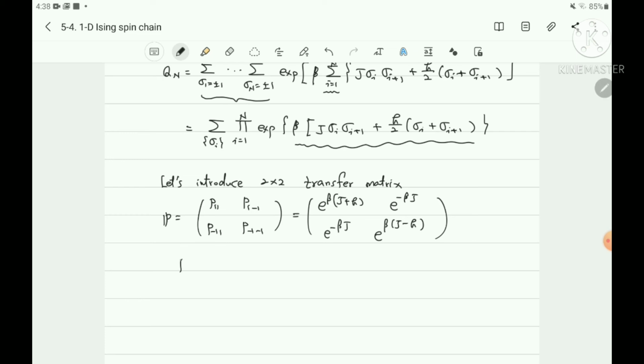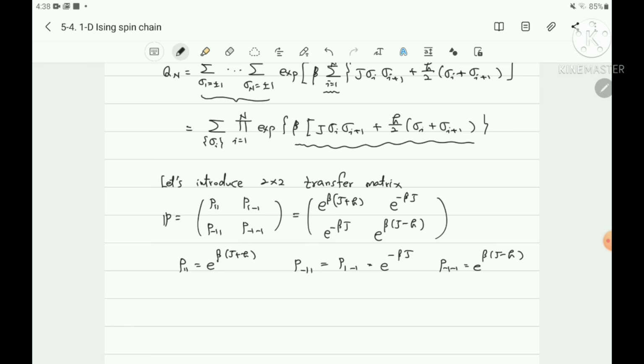Here we can know that P_{11} is exponential beta J plus h, and P_{1,-1} is exponential minus beta J, and P_{-1,-1} is exponential beta J minus h.